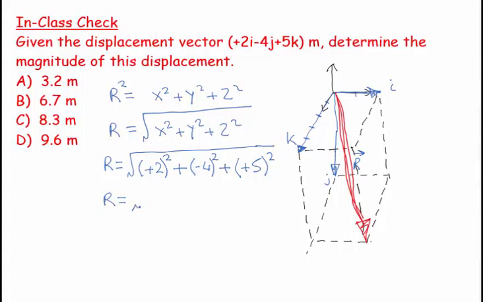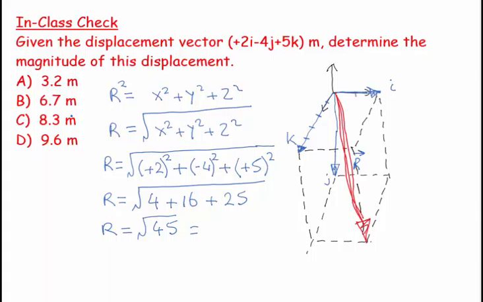So this is the square root of 2 twos are 4 plus minus 4 times minus 4 is plus 16 plus 5 fives are 25. So R is equal to the square root of 45. 7 sevens are 49, so it's probably about 6.7.